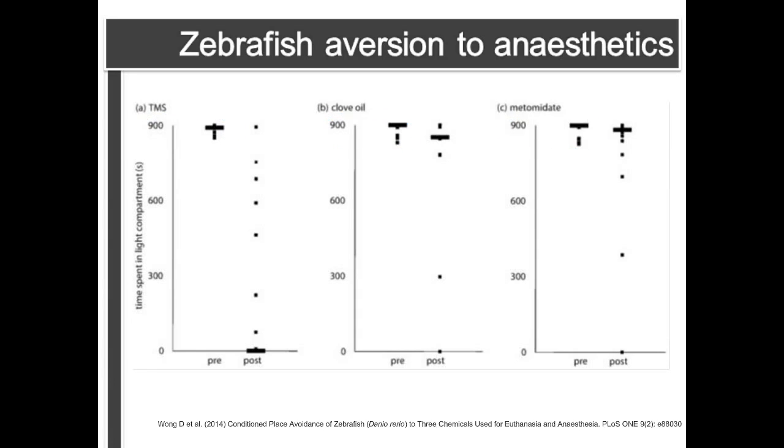Afterwards, the zebrafish was placed in the same apparatus, and what happened is that with tricaine, the animals spent less time or almost no time in the preferred compartment, while with clove oil and metomidate they spent the same time in both compartments.